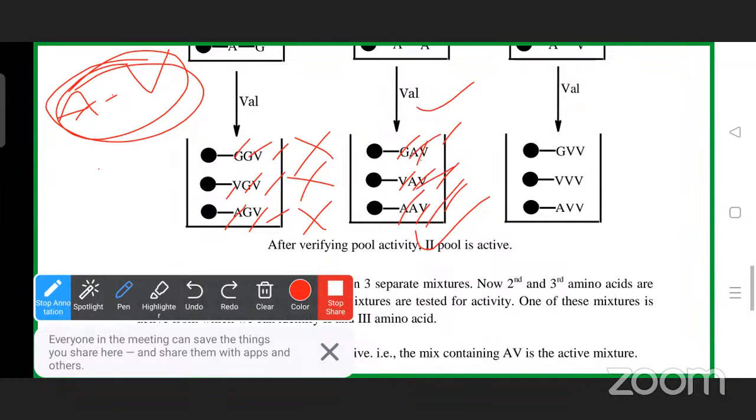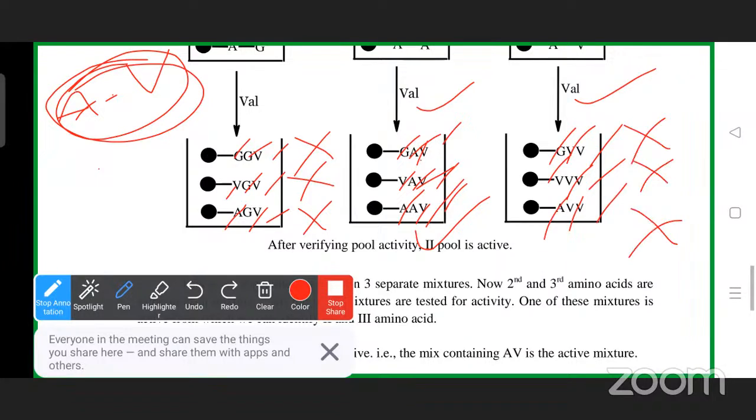Now you check the third reaction vessel. Same, you add that valine to each dipeptide. So now glycine, valine, valine; valine, valine, valine; and alanine, valine, valine. These are also not active compounds.